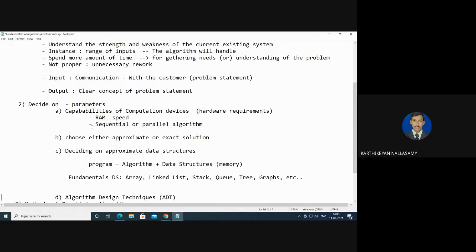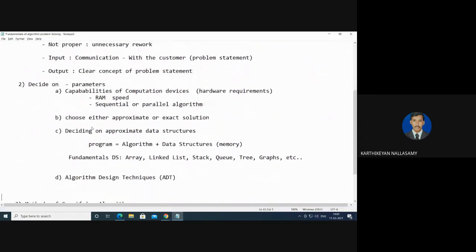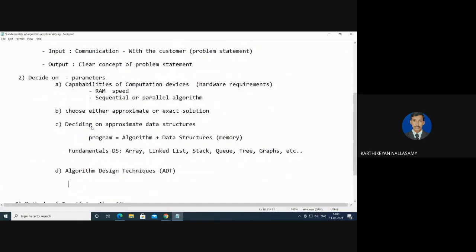Once the data structure is done, the next I will go with is algorithm design techniques, simply called ADT. Normally it is a strategy, or maybe we call it a paradigm. It is a general approach, an algorithm design strategy or algorithm design paradigm.